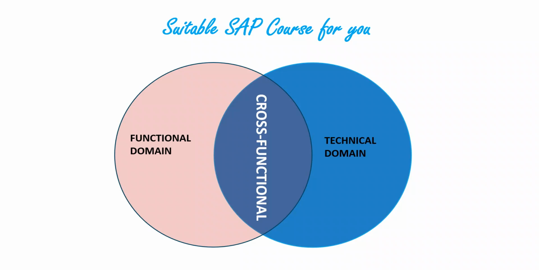That is why I said SAP is the easiest way for you to move from a non-IT background to an IT background, because it's a techno-functional skill. It has the functional and it has the technical. Now, the functional domain is IT, but it's business oriented. What do I mean by this?